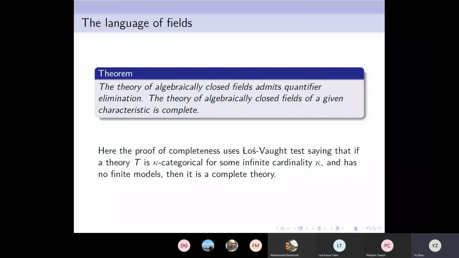This applies because any algebraically closed field is infinite; we don't have a finite algebraically closed field.